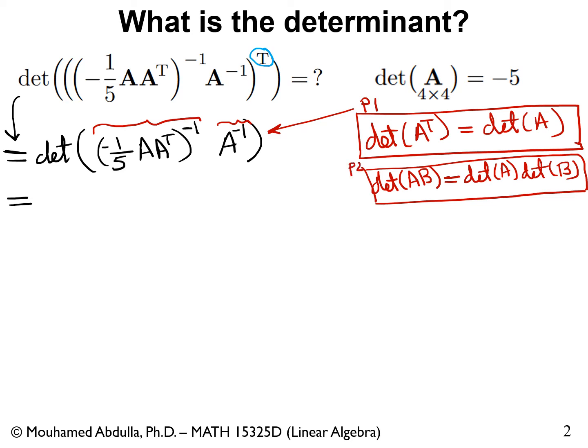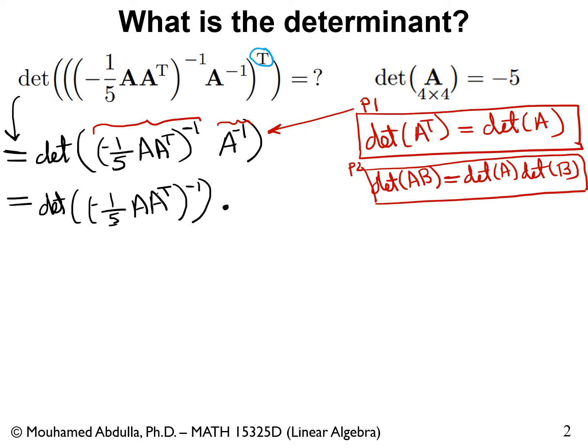And let's use this property here. So we could write this expression as such. We would find the determinant of -1/5 like this, A transpose. Be careful not to change any orders here. We have to write it exactly the way it is because we're dealing with matrices, not traditional algebra.